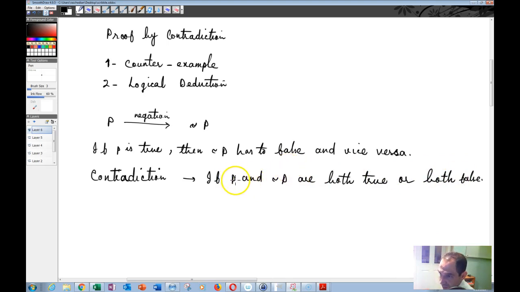If that happens, if both P and not P are true or both of them are false simultaneously, that means that there has to be some sort of contradiction.